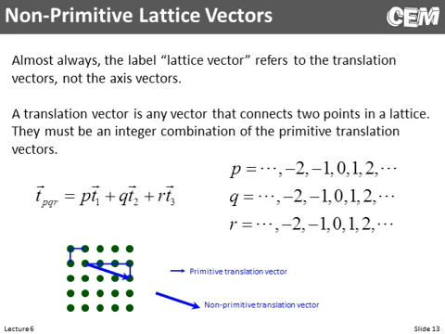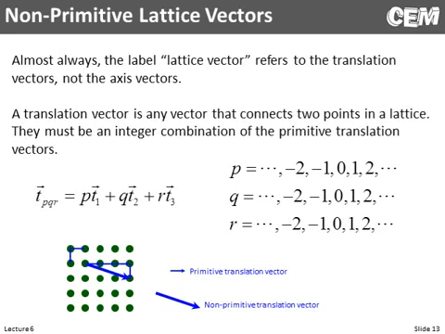If I can't go from any one sphere to any other by some integer combination of the primitive lattice vectors, something's wrong. The lattice is not periodic, or we've chosen the wrong translation vector. But we should be able to get from any one sphere to any other sphere in the entire lattice just through some integer combination of those translation vectors.